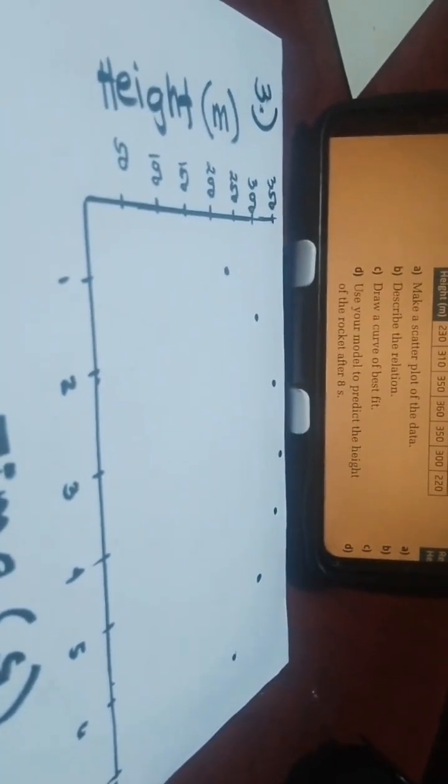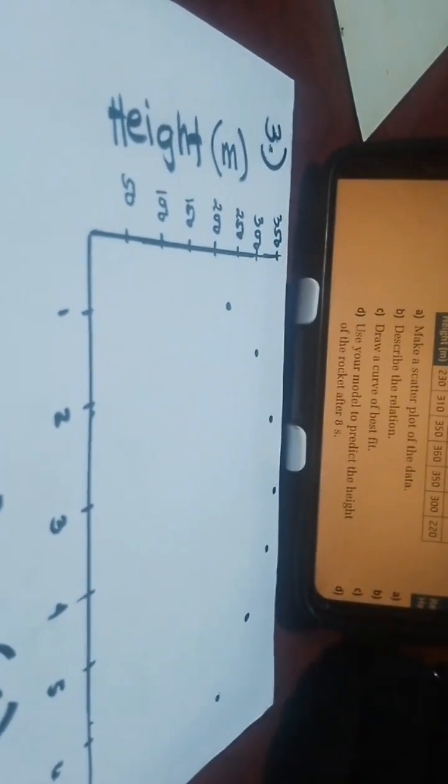Next, describe the relation of the time and the height.